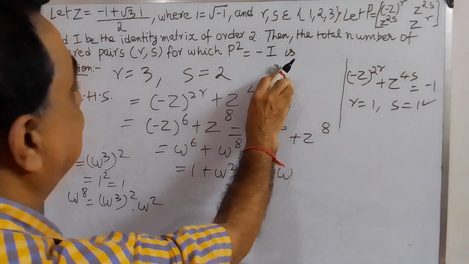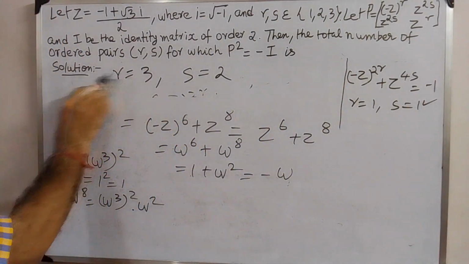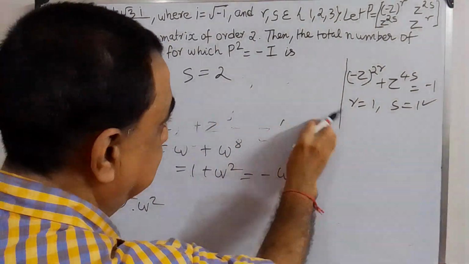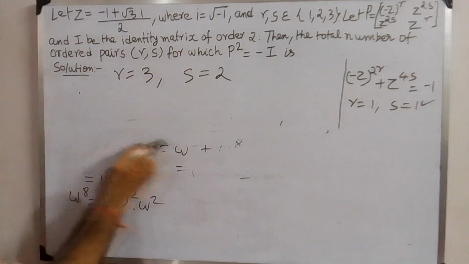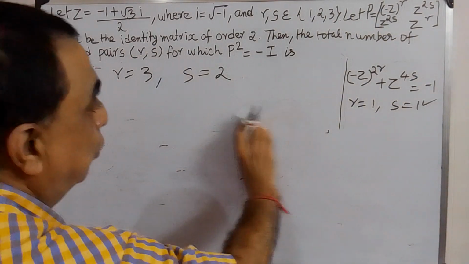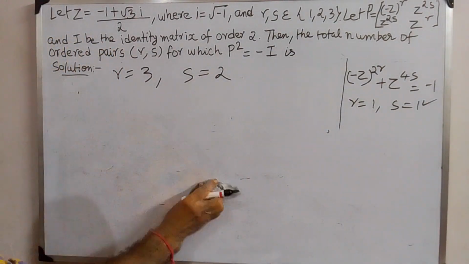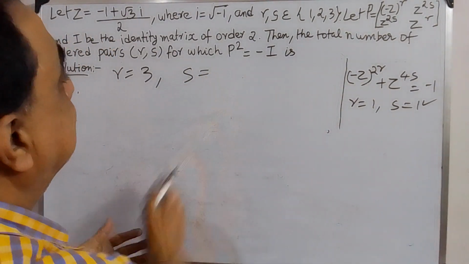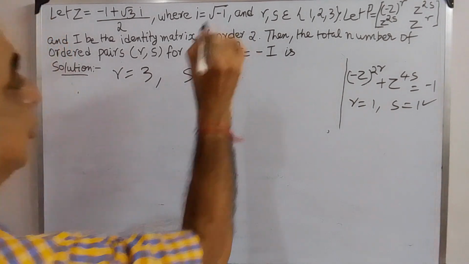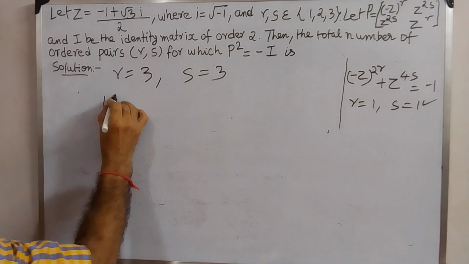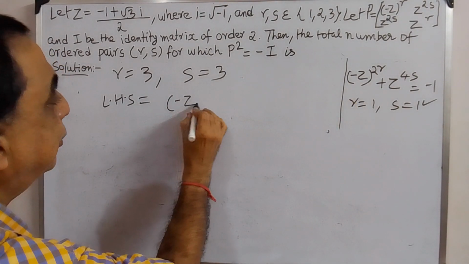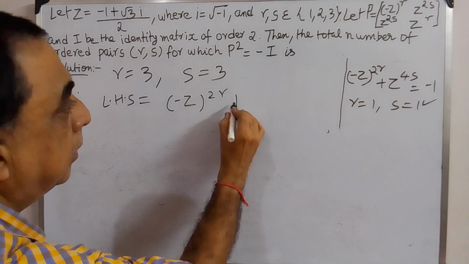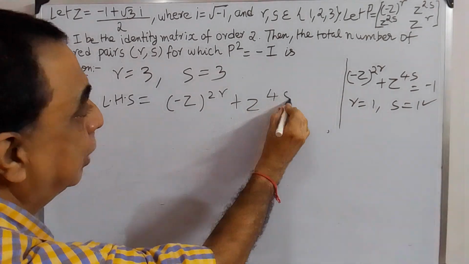Okay, now let us check r is equal to 3 and s is equal to 3. Clear? So now let us check that possibility. So LHS will be minus z to the power 2r plus z to the power 4s.